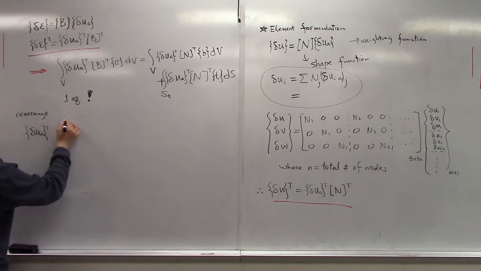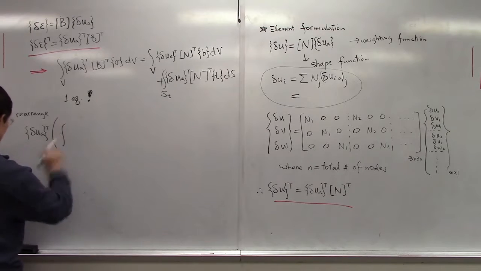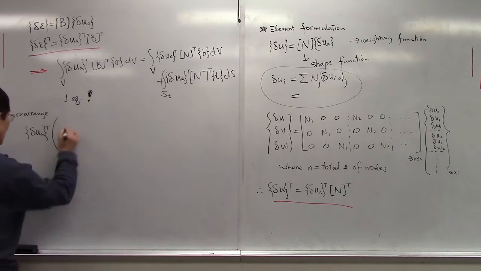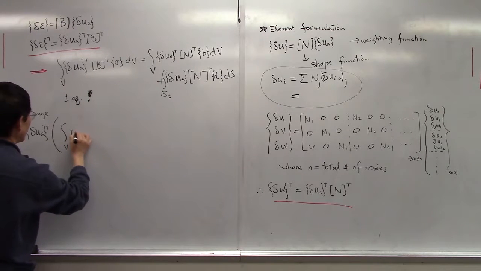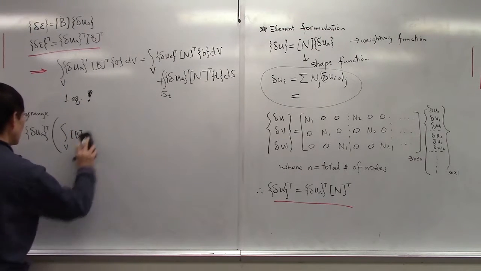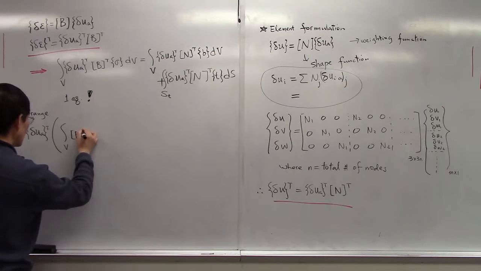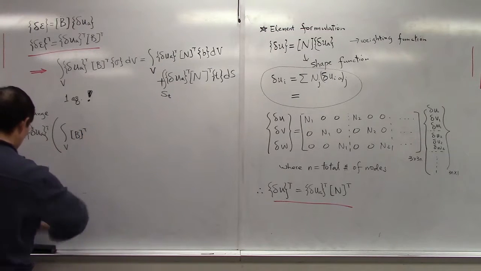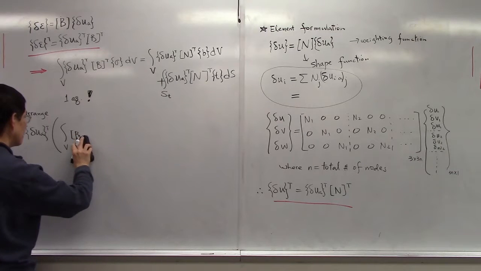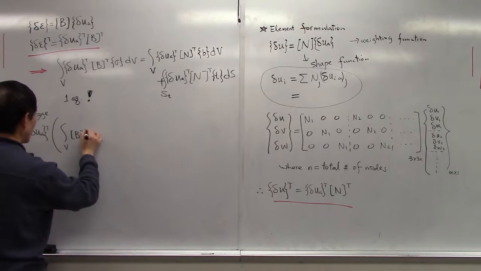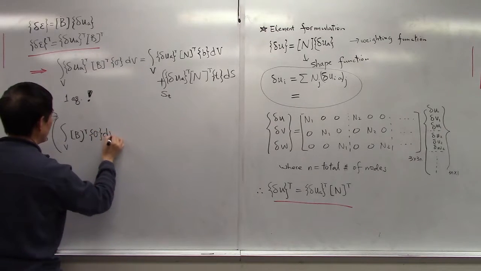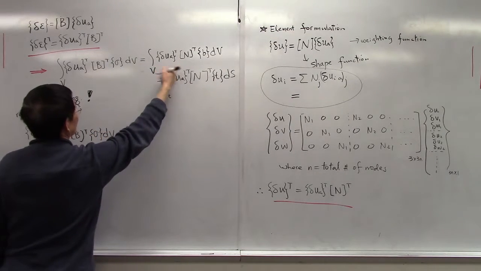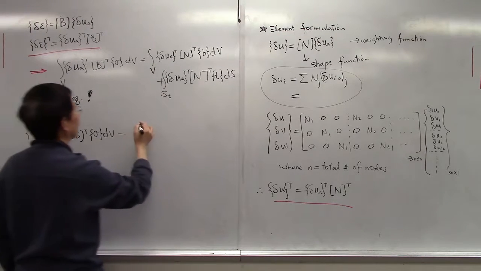So this whole thing now times an integration over the volume. The integrand will be what is left here, B matrix transpose, write it properly, and then sigma dV. And then moving this to the left, we have a negative sign in front.